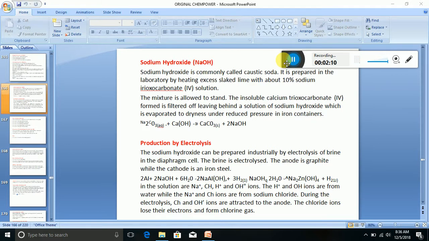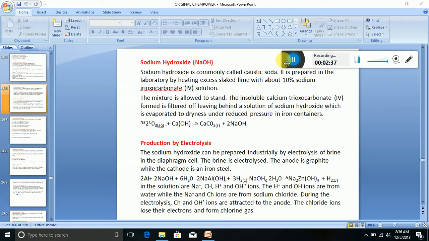The mixture is allowed to stand. The insoluble calcium trioxocarbonate(IV) formed is filtered off, leaving behind a solution of sodium hydroxide, which is evaporated to dryness under reduced pressure in iron containers.